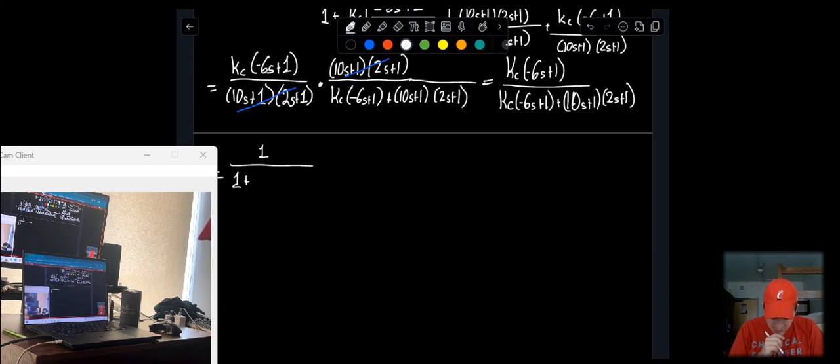But we're not looking to go into standard form. We're just looking to have a functioning denominator here. So we really just need to divide by negative 6s plus 1, I believe. Let's see what that does, and see if this gets into a manageable form here.